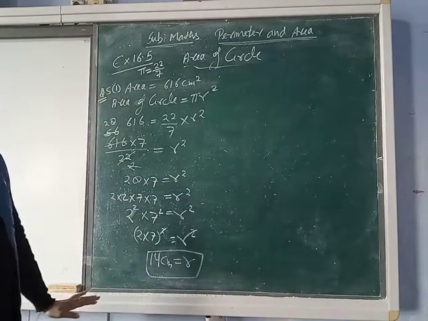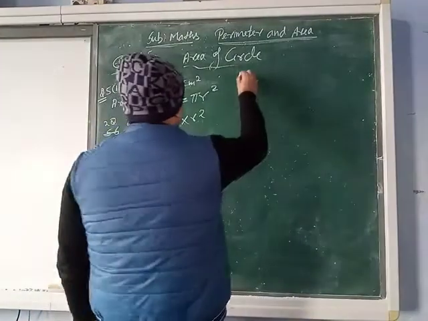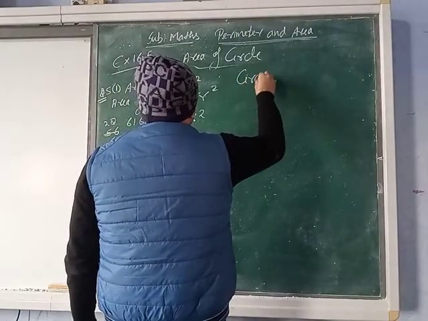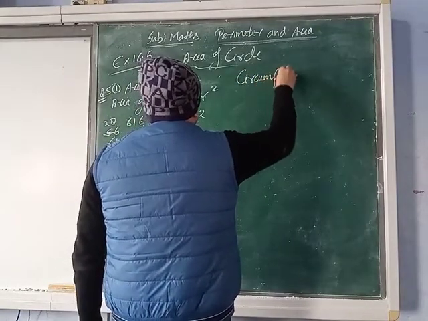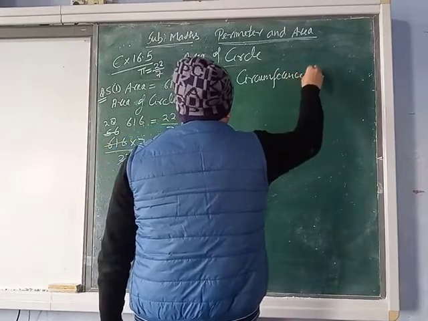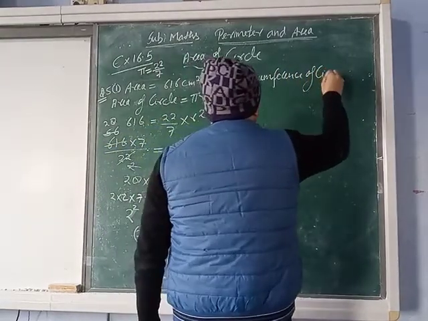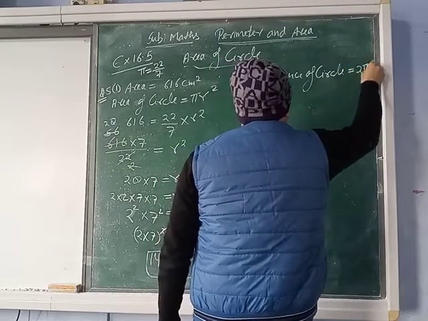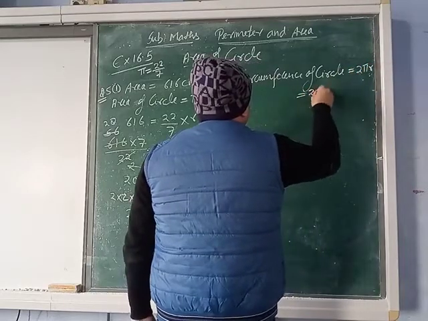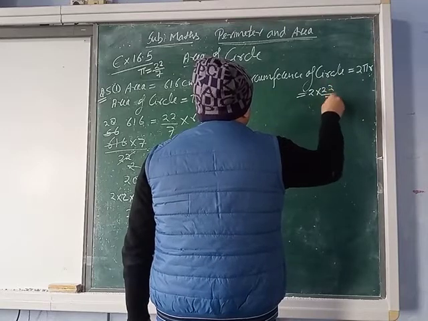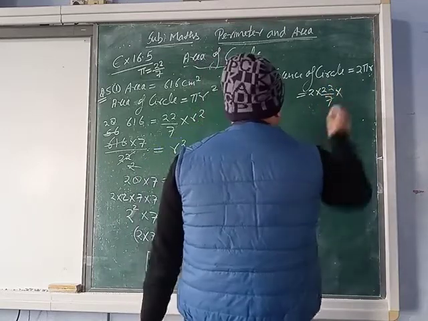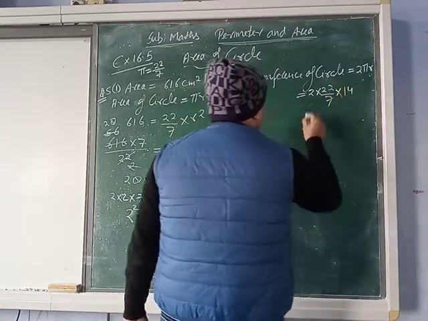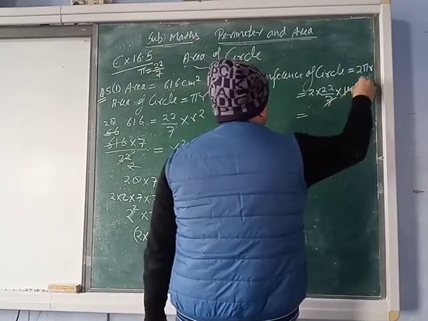Now that we have the radius, we have to find out the circumference of the circle, that is 2 pi r. 2 pi means 2 into 22 by 7, and the radius is 14. 7 twos are 14.